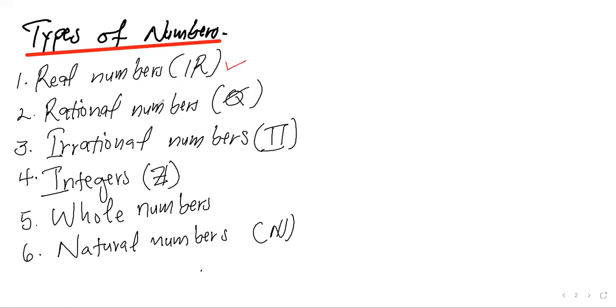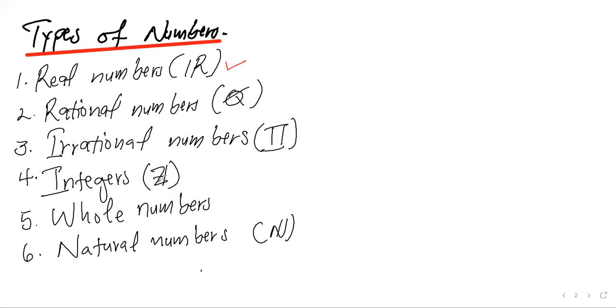And then rational numbers. A rational means an expression over another. So rational numbers are numbers which can be expressed in the form of a fraction and integers. Irrational numbers are numbers which cannot be expressed as a fraction. And yes, we'll get into details in the definitions.